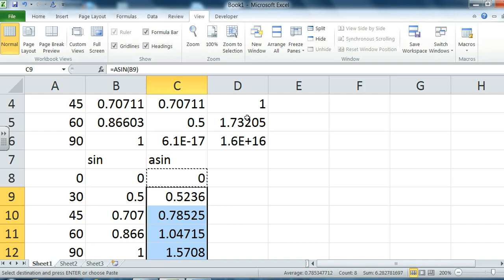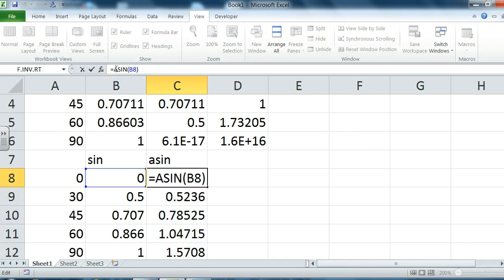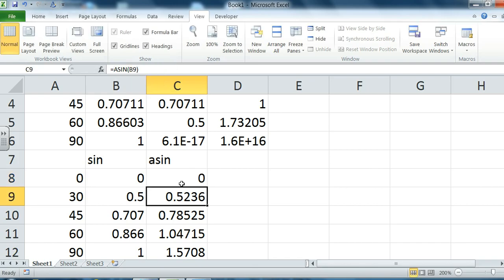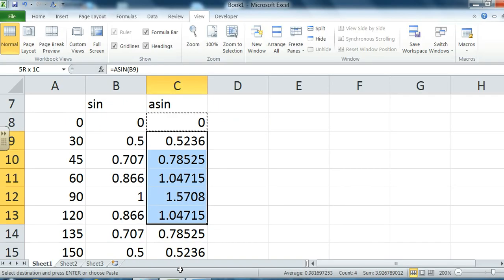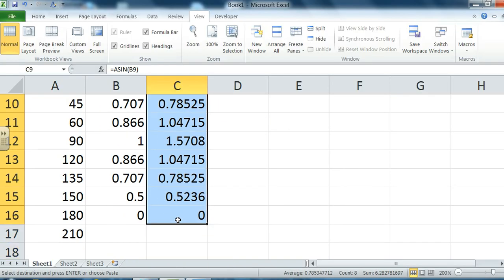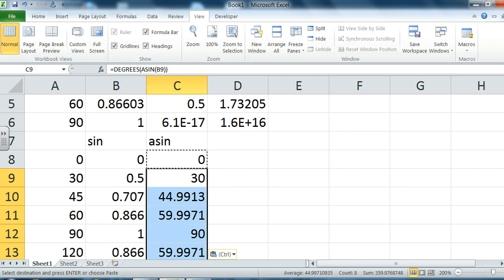So what I need to do is come back to this arc sine function and tell it that I want it to give me degrees. So degrees of the arc sine function is what I'm looking for. All right, so that's better. I put them down into here, and much better.